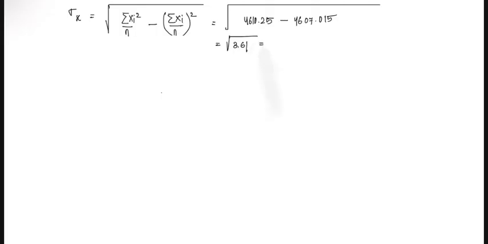This is nothing but 4610.25 minus 4607.1. This is 3.6, minus, the root over is 1.9. We got the sigma x. Now we will find the sigma y.